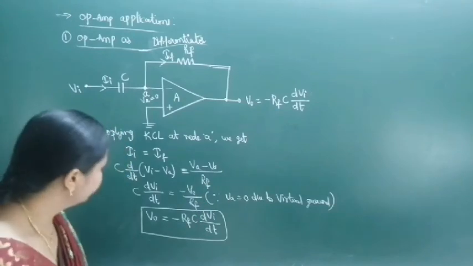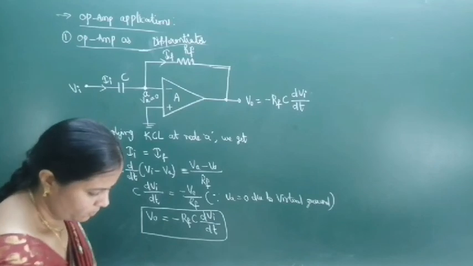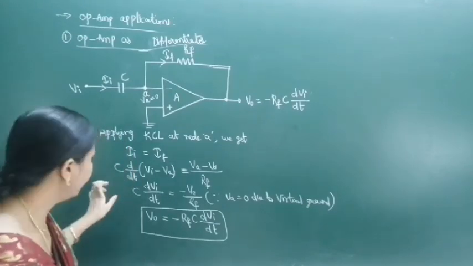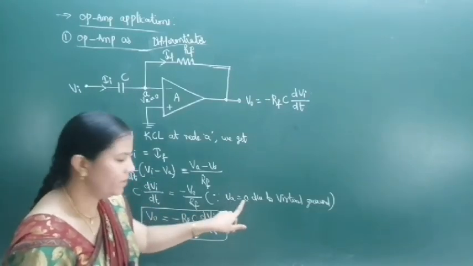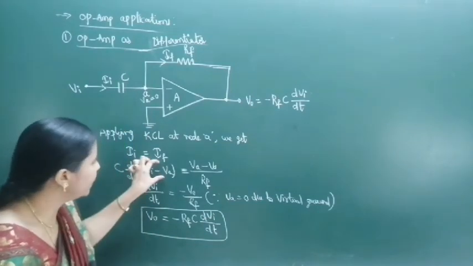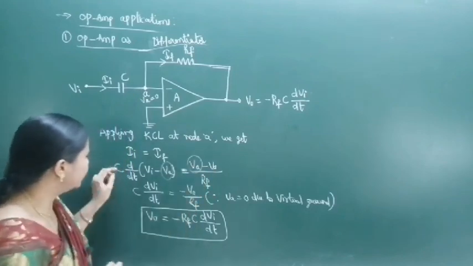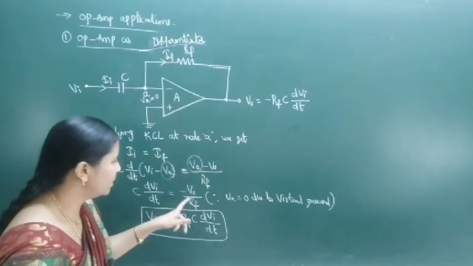Actually VA equal to 0 due to the virtual ground concept. If you substitute VA equal to 0, you get C dVi/dt equal to minus Vo by Rf.